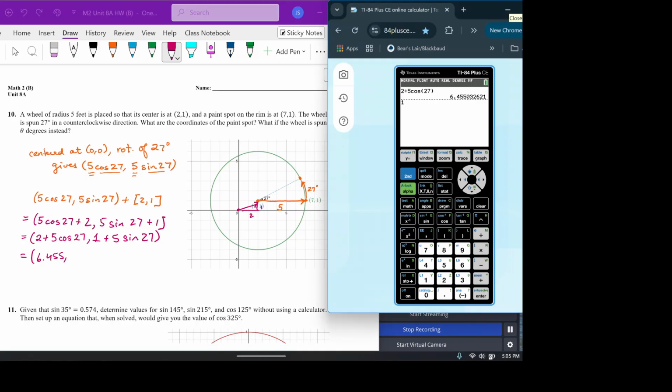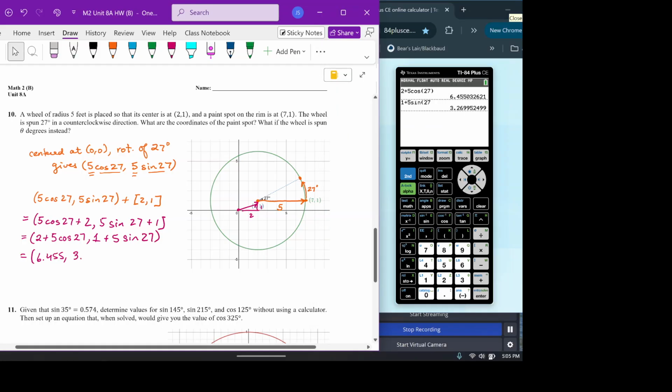And 1 plus 5 sine 27, which is 3.270. And then let's see, does that look about right? 6.5-ish and 3 and a bit. Yeah, that's about right. So that looks pretty good.